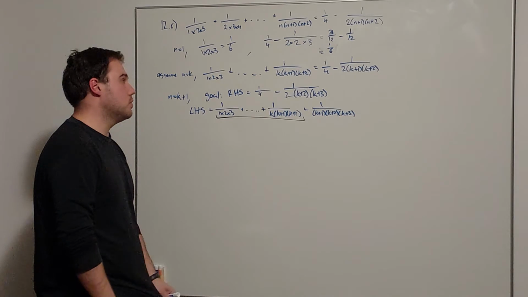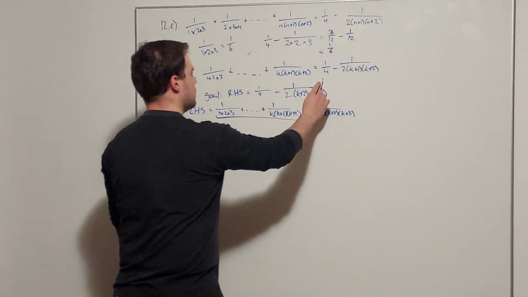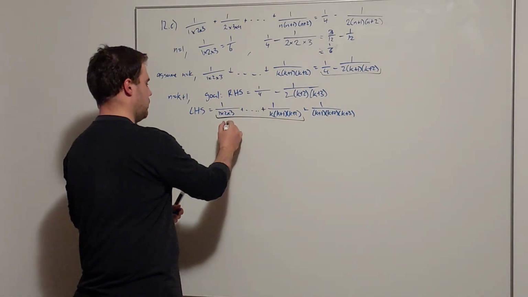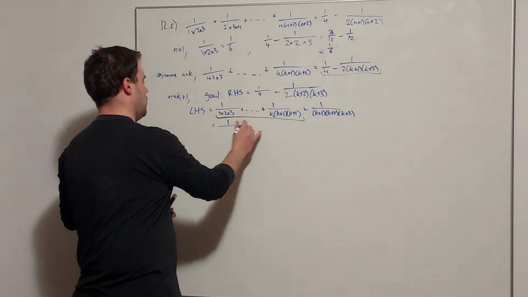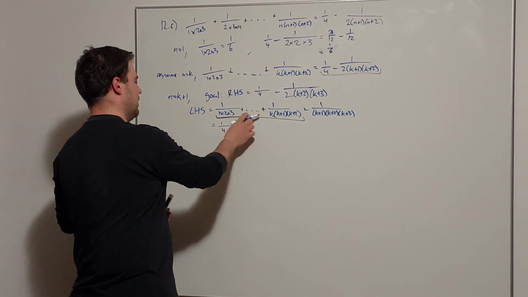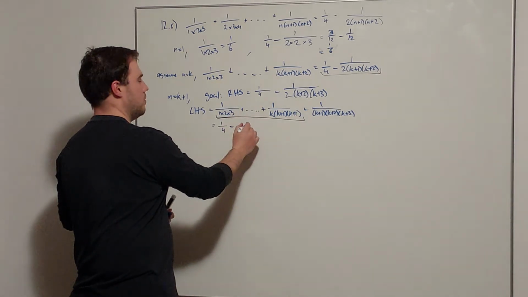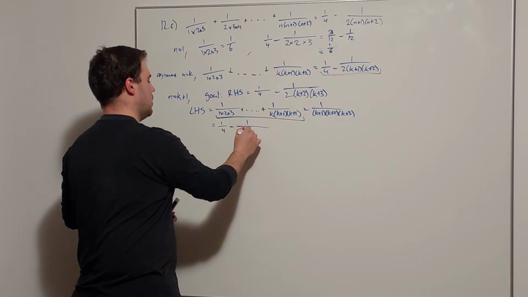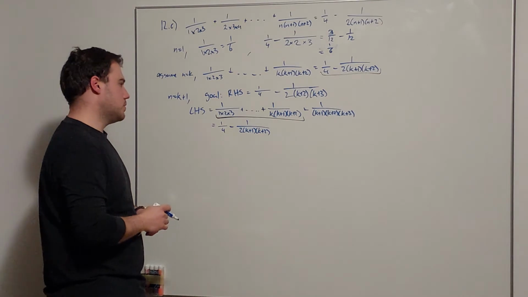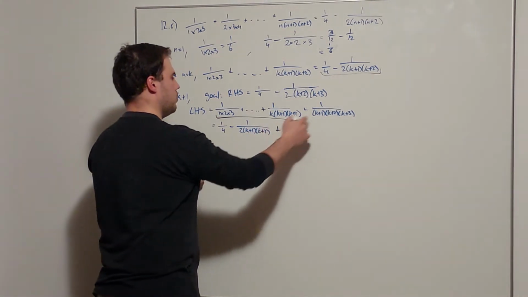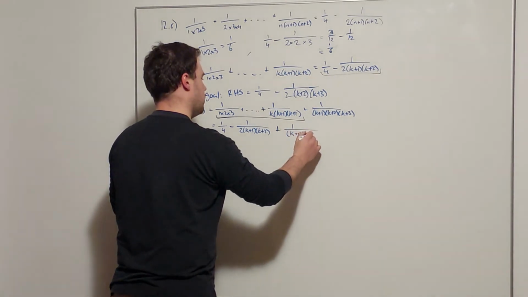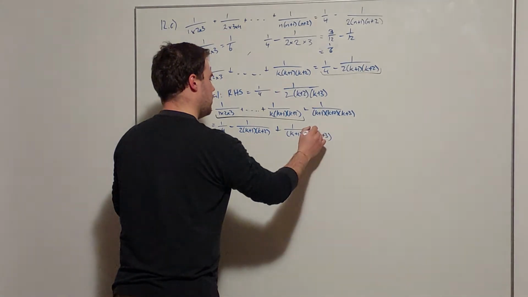As is usually the case when you're doing an induction question, this bit here matches that expression there, so we can replace it with that: a quarter minus 1 on 2, k plus 1, k plus 2, plus 1 on k plus 1, k plus 2, k plus 3.